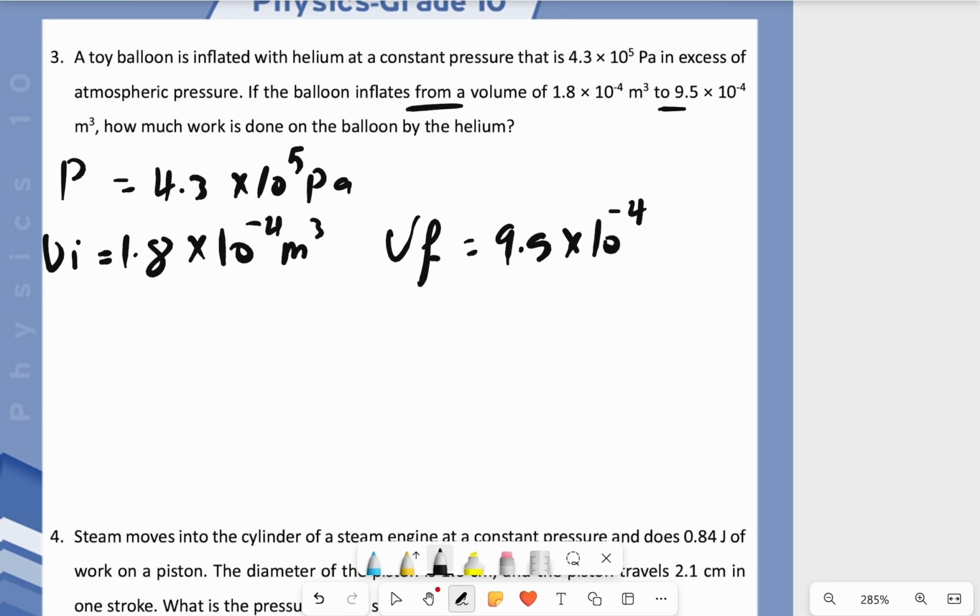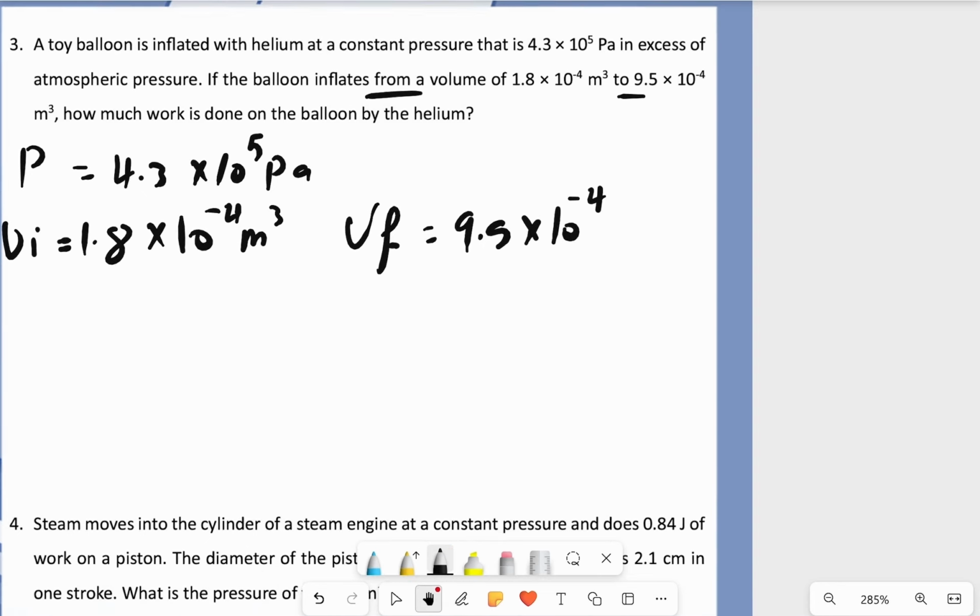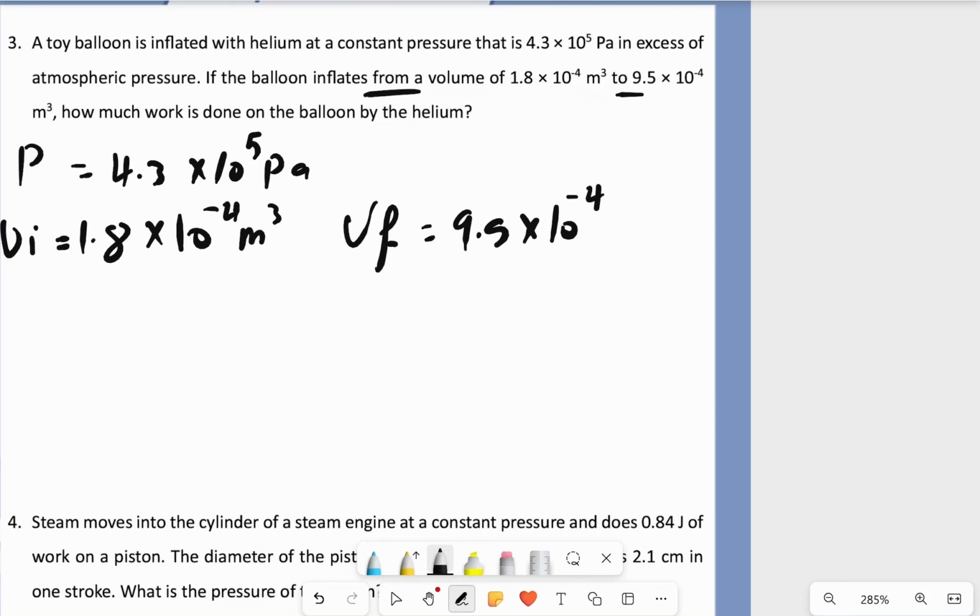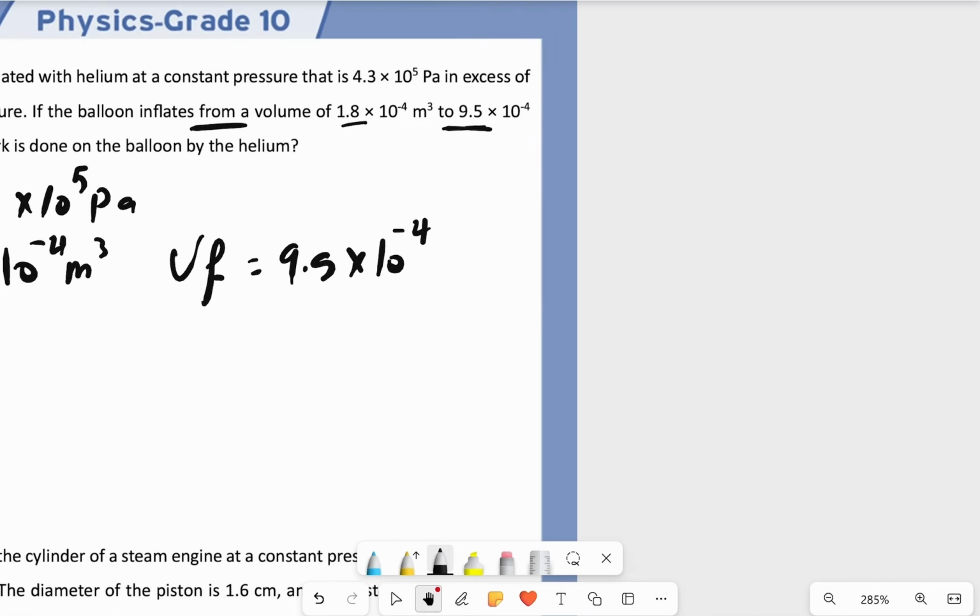Now it says how much work is done on the balloon by the helium. So it has already told us that helium is doing work on the balloon. So we know that we're going to get a positive result, and V final is larger than the initial one, so of course we're going to get a positive result.